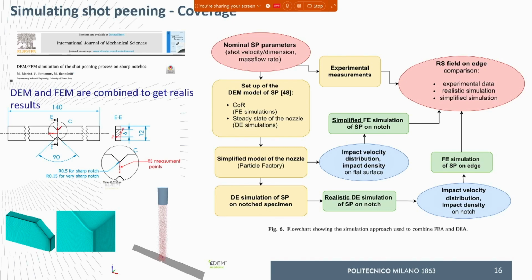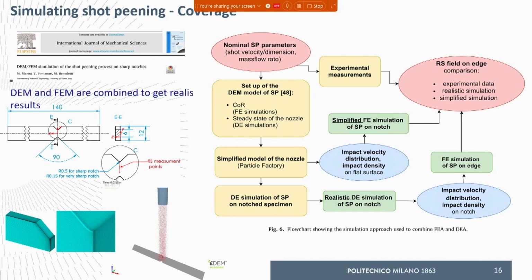This is another combined DEM, FEM approach. This was developed at the University of Trento in Italy by colleague Matteo Benedetti. And here, just to show you, this is similar. The nominal shot peening parameters, then the setup of the DEM model, that is the simulation of the flow through the nozzle.